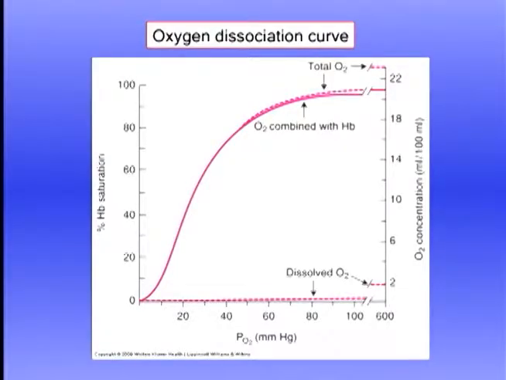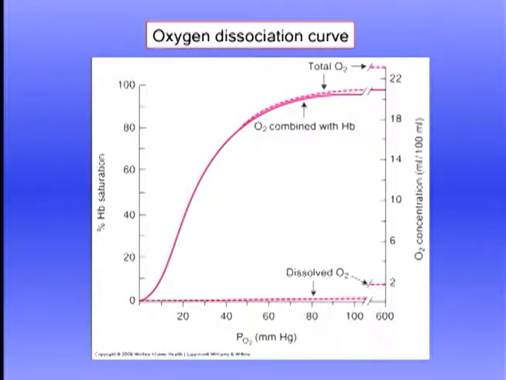Now let's start by looking at the arterial PO2, because all patients with respiratory failure have severe hypoxemia. And let's look first at the oxygen dissociation curve. I like to keep that at the back of my mind when I look at a PO2 in a laboratory record of arterial blood gases.